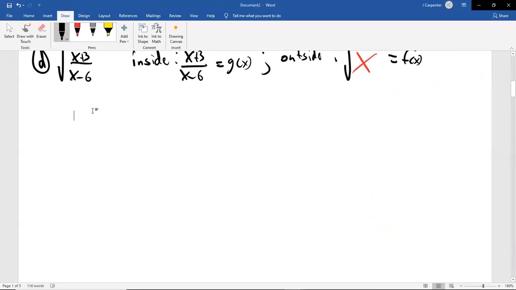So now that we understand how to write an inside and outside for a function that can be represented as a composition, even though it's not that way originally, we just say, hey, let's make it a composition. That leads us to the chain rule. The chain rule is used when a function can be considered as a composition.